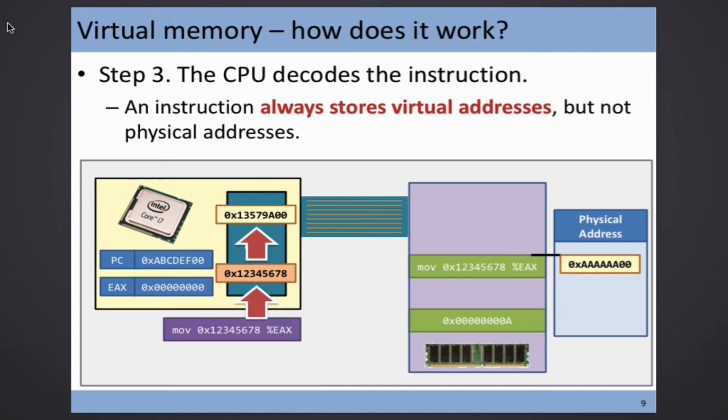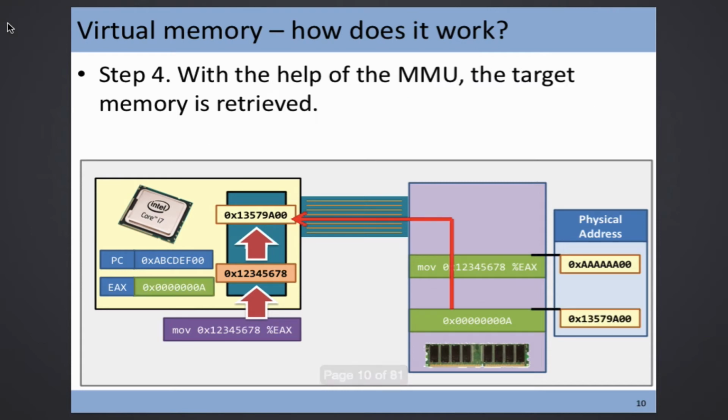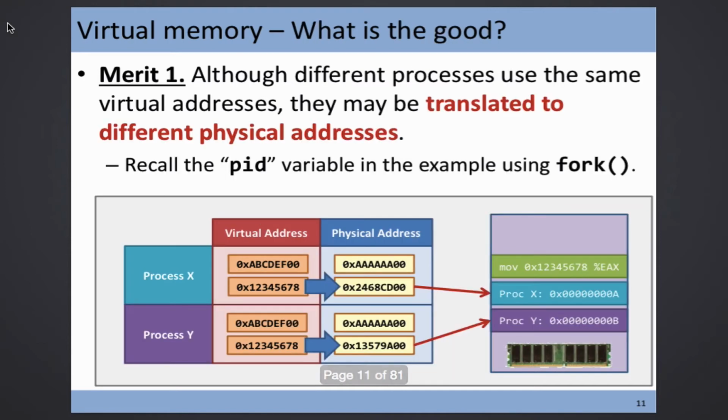I allocate all things into the first memory chip, the first memory slot. Then you can still run another process. They may use the same set of virtual memory, but it maps to the second piece of memory, and so on and so forth. And the trick is done by this hardware called the MMU. So with this help, we can get the target like this. So this is the modern CPU design.